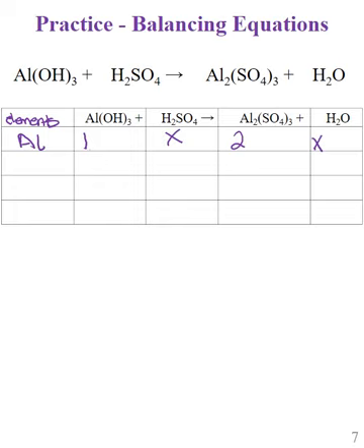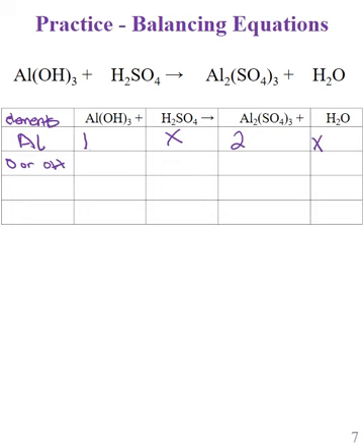Okay, then my next element. Well, I see I have an oxygen, or I have a polyatomic. Should I write oxygen or OH? If you go back in the notes, a polyatomic, a lot of times you can think of as a unit, combining them together.